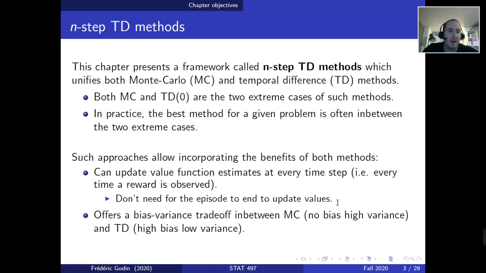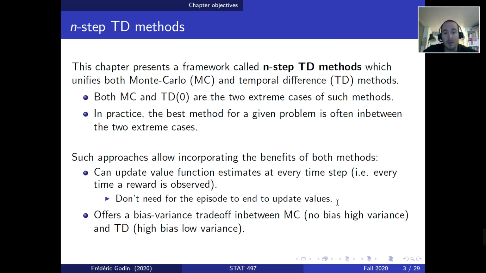Every time you transition into a new state and observe a new reward, you can update your value function. You don't need to wait for the end of the episode. The exception is the first n time steps, where there won't be updates, but after that you can make updates on every single step. This is desirable because it speeds up computation in comparison to Monte Carlo methods.